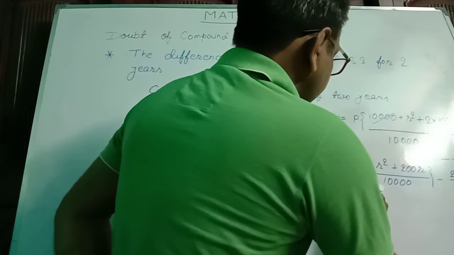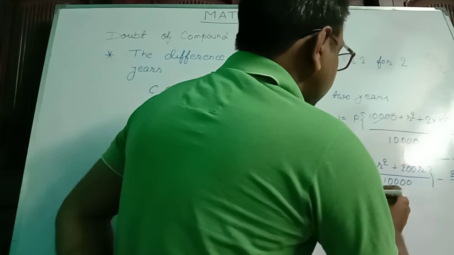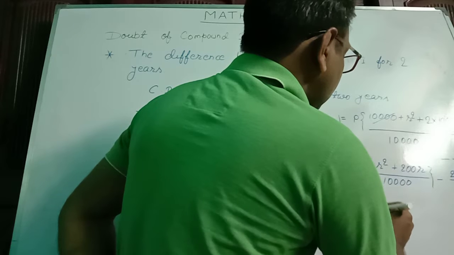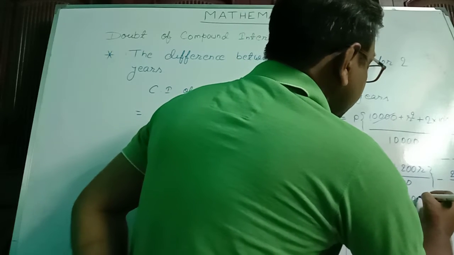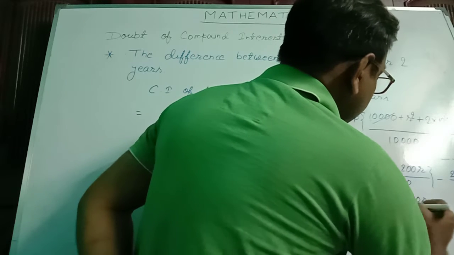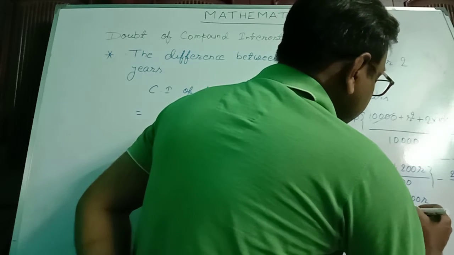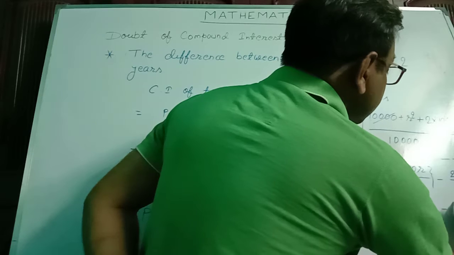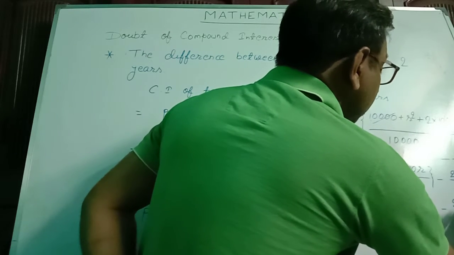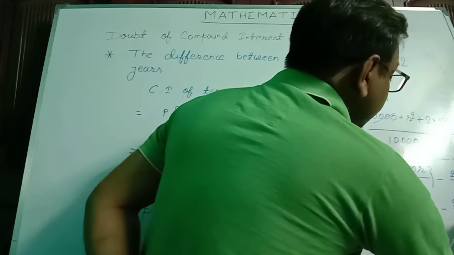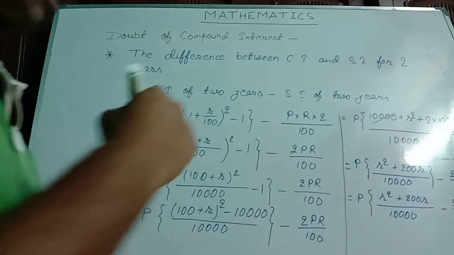What we can write now? P we take common. Here is (R square plus 200R) by 10,000 minus, P came common, so 2R by 100 is left. Close the bracket.